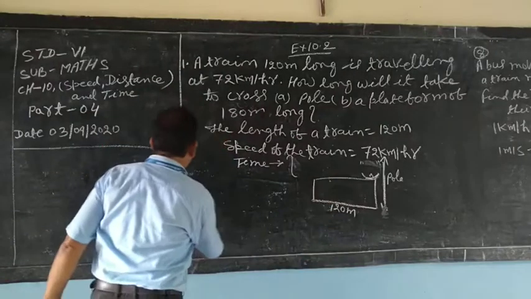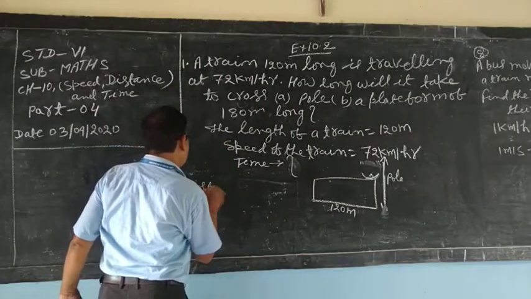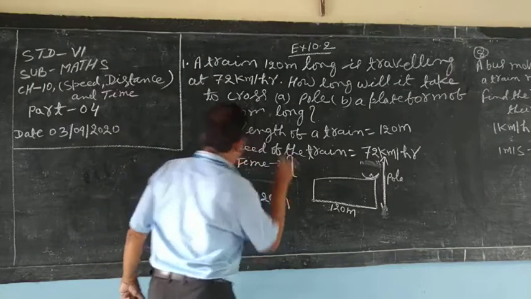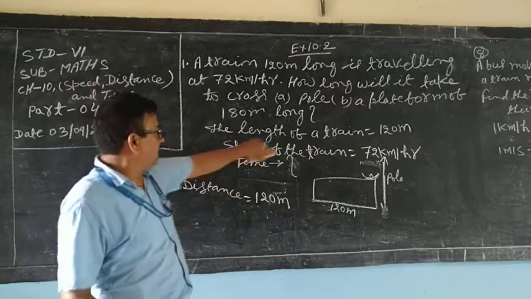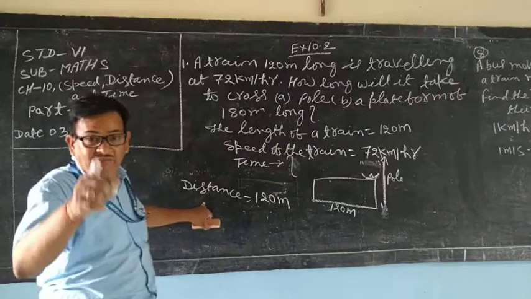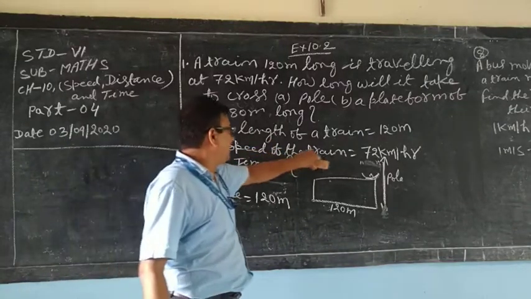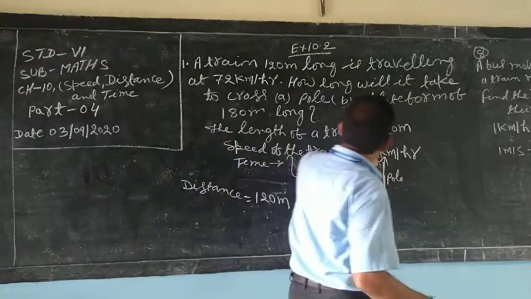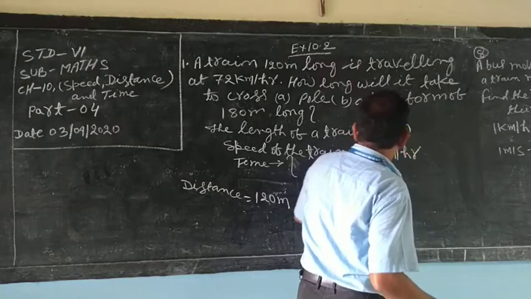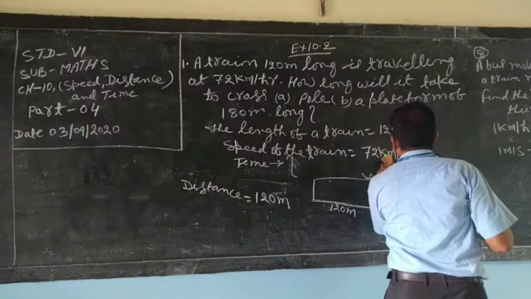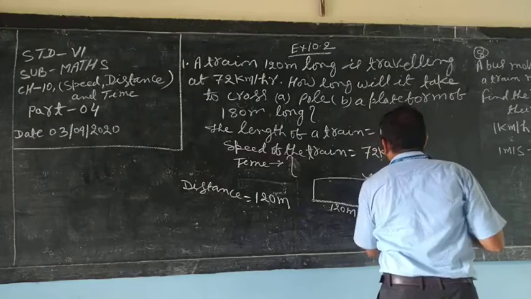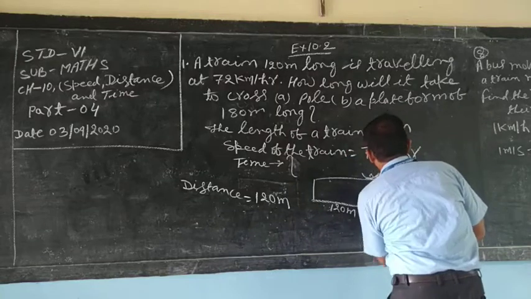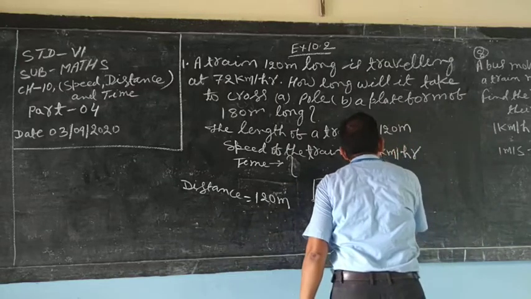So here distance is equal to 120 meter. The distance is given in meter, and the speed of the train is given as 72 kilometer per hour.